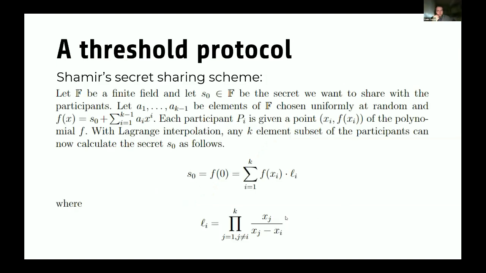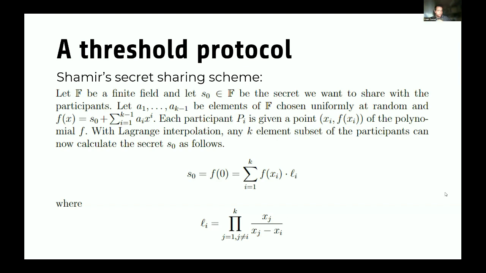Now we also have a threshold protocol, and we will use Shamir's secret sharing scheme as a building block of this protocol. So in the first version I described right now, all of the participants had to participate in the computation.